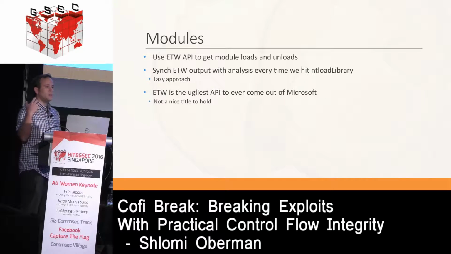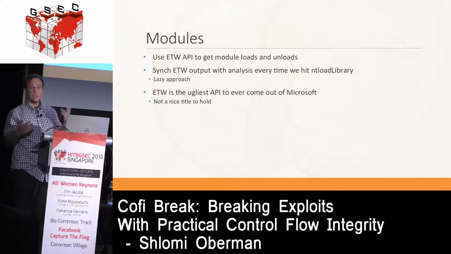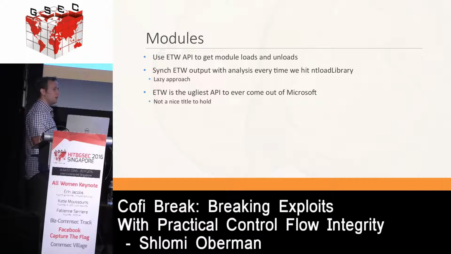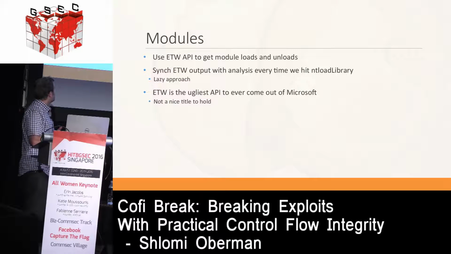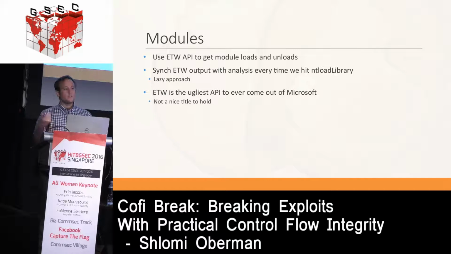And so we have to have a way to, A, get module loading and unloading, and B, sync module unloading and loading to the trace. So I use ETW, Event Tracing for Windows, quite an ugly API to use, one of the ugliest Microsoft has produced, in order to get module loading and unloading, and the trace itself, in order to sync the module loads and unloads between the trace and the module loading and unloading.